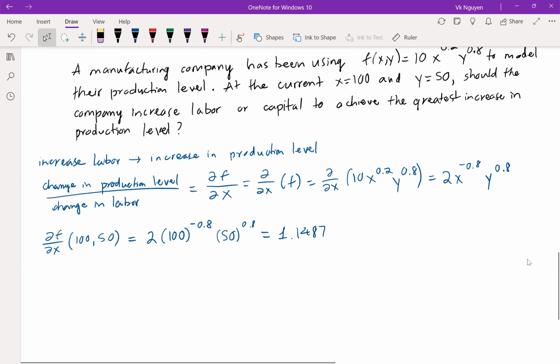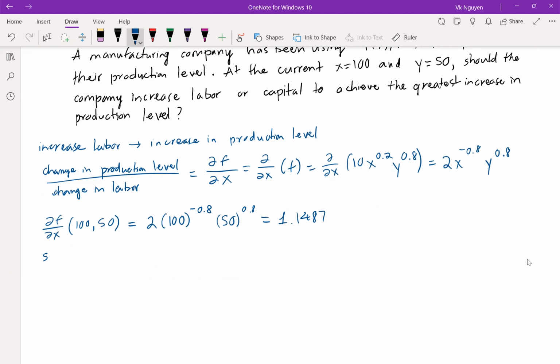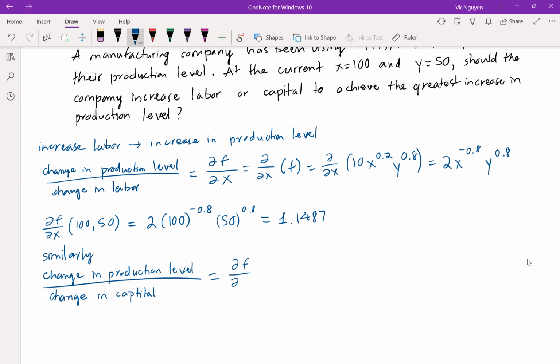Okay. Similarly, change in production level over change in capital is partial f over partial y.